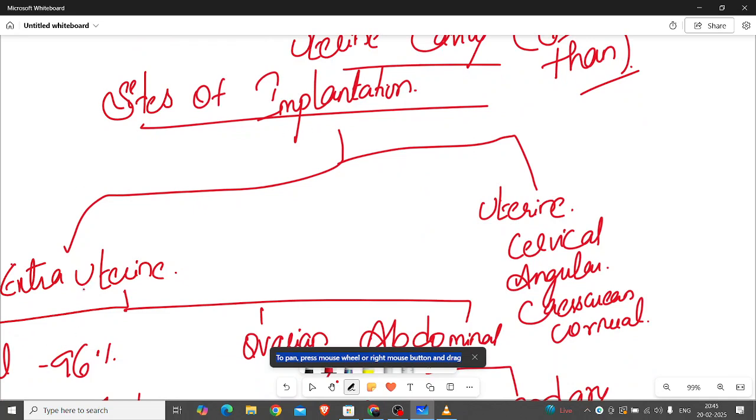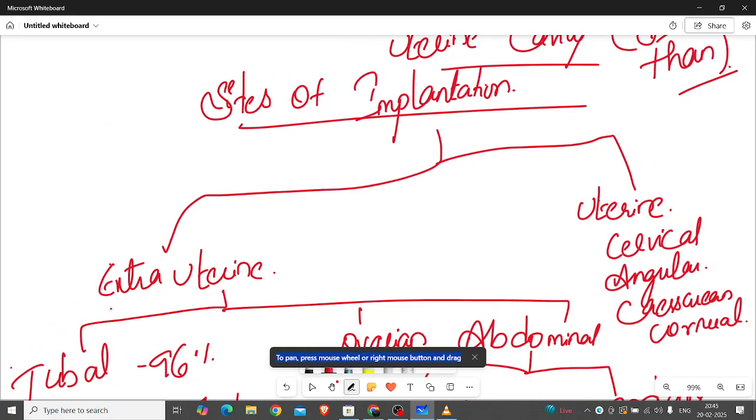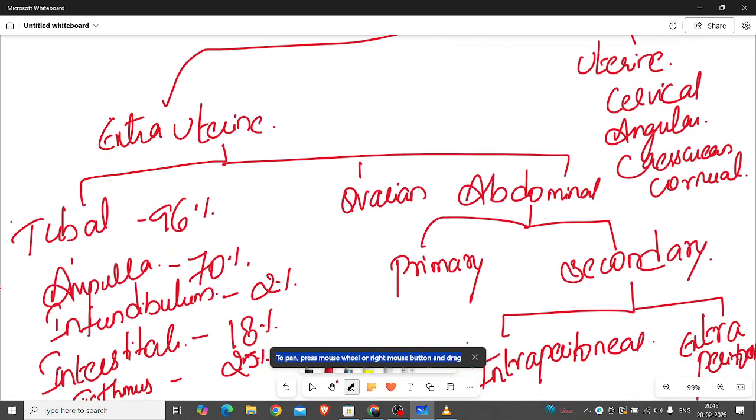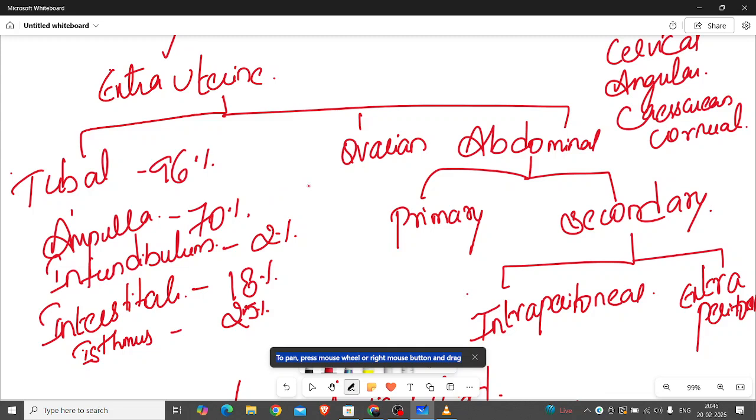It is mainly classified into uterine and extrauterine. In case of uterine, the pregnancy may develop in the cervical region, or angular, caesarean or the cornual region. But in case of extrauterine, most of the time it may be tubal, means in the fallopian tube, or the ovary itself may be the site, and abdominal.